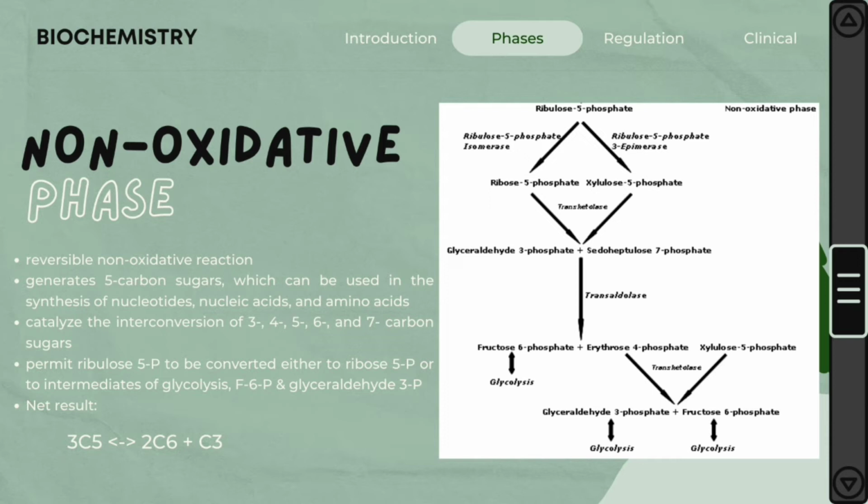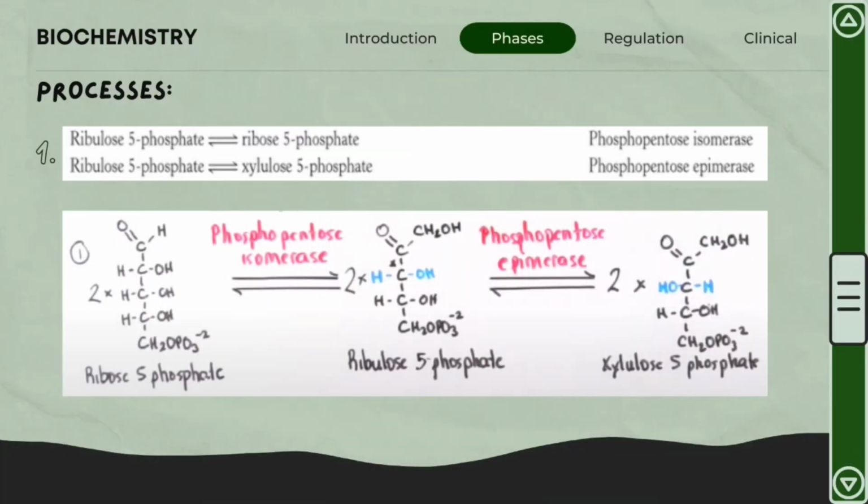The ribulose 5-phosphate can undergo a series of isomerizations as well as transaldolations and transketolations that result in the production of other pentose phosphates. So the overall net reaction of this phase transforms 3 ribose 5-phosphate molecules into 2 fructose 6-phosphate molecules and 1 glyceraldehyde 3-phosphate.